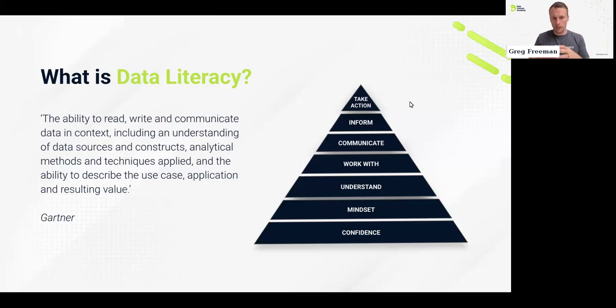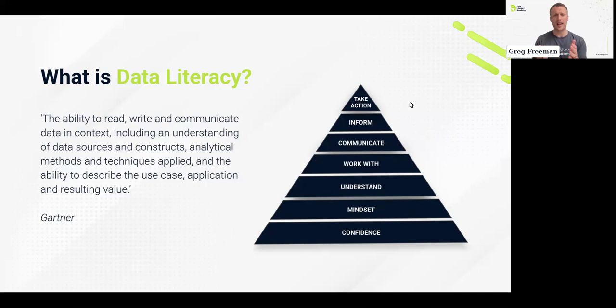But actually, a lot of what we see as we get wider and wider into the organization and go deeper and deeper into different teams, frontline workers, all those types of things, is so many people, and there's a big body of research out there that suggests it's 80% plus of people, who are nowhere near even the ground zero stages of that definition. So when we're thinking about how to assess the organization, we can't just assess those things, because there's a couple of levels below that set the foundations for success in data literacy and culture.